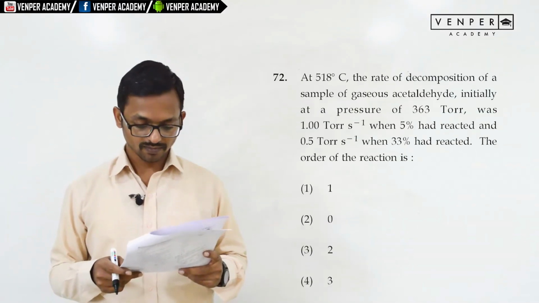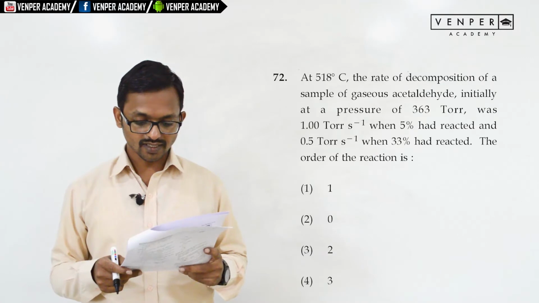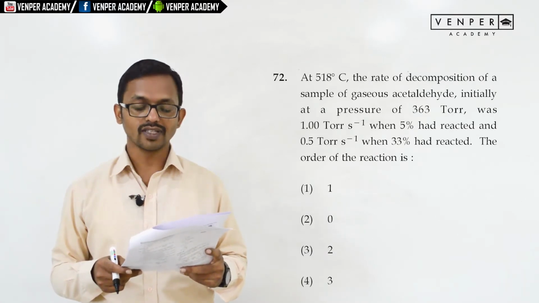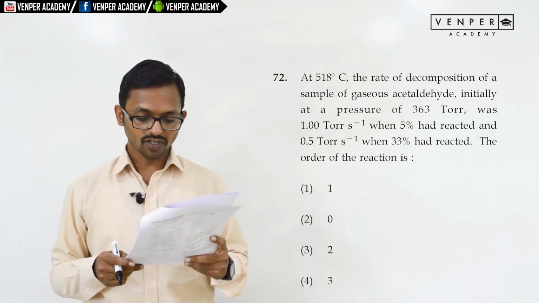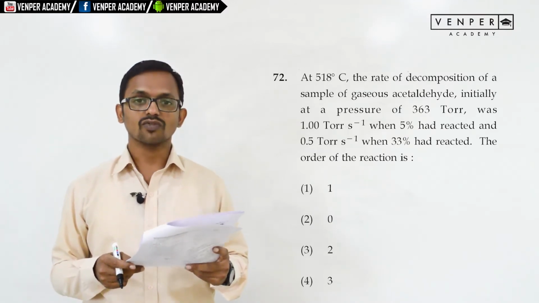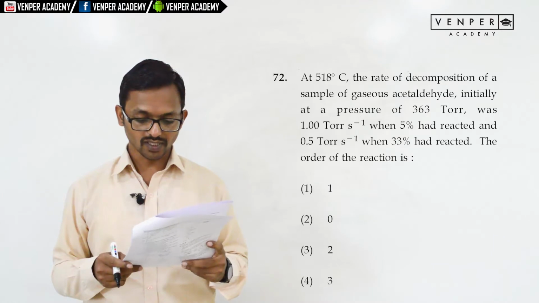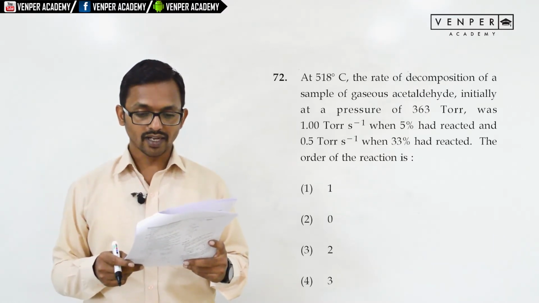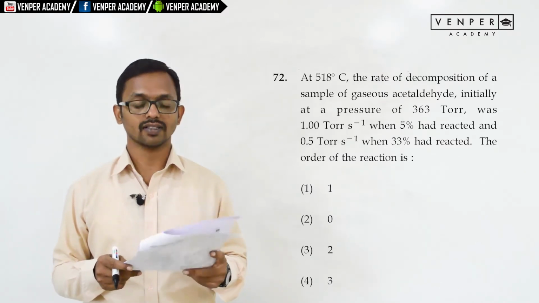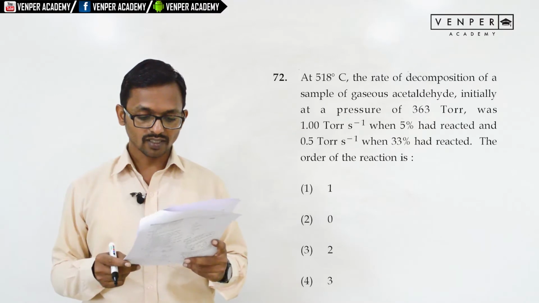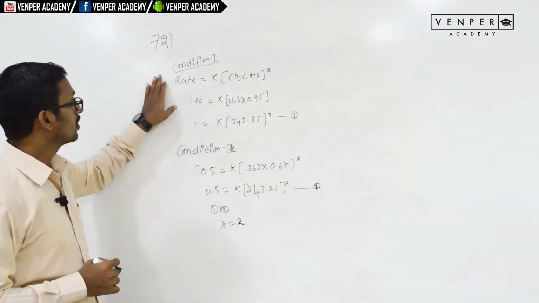Question number 72. At 518 degrees Celsius, the rate of decomposition of a sample of gaseous acetaldehyde initially at a pressure of 363 torr was 1.00 torr per second when 5% had reacted and 0.5 torr per second when 33% had reacted. The order of the reaction is? Let's take condition 1.